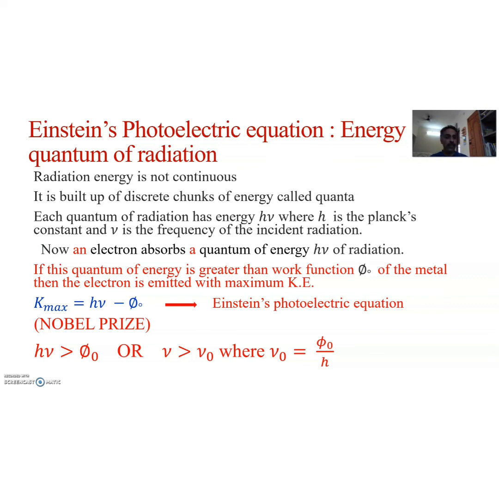So he gave the equation: maximum kinetic energy of the electron is equal to h nu minus phi naught. h nu is the incident energy of the radiation, nu is the frequency, h is the Planck's constant, and phi naught is the work function. If this energy is greater than phi naught, then this equation is called Einstein's photoelectric equation.